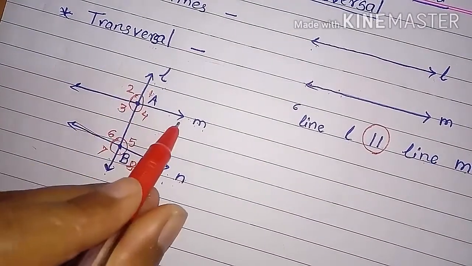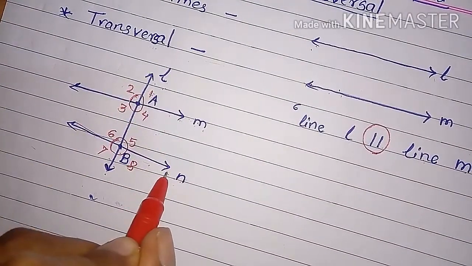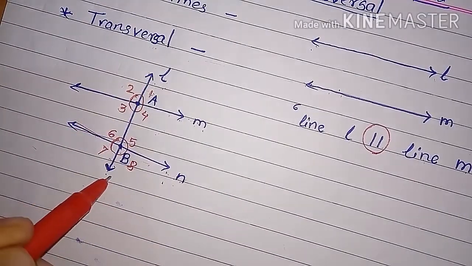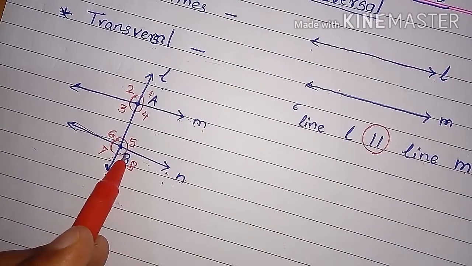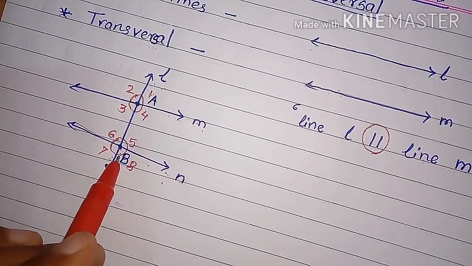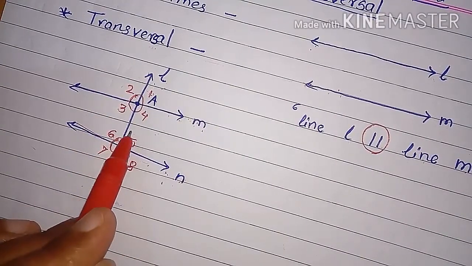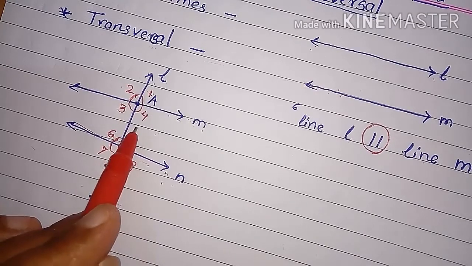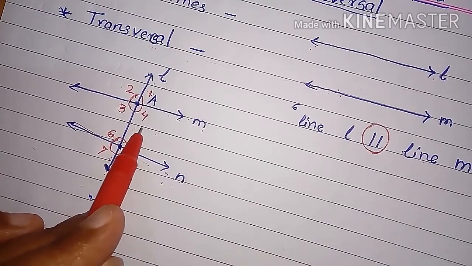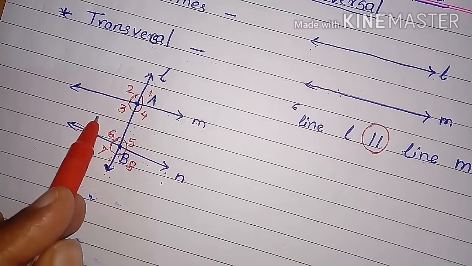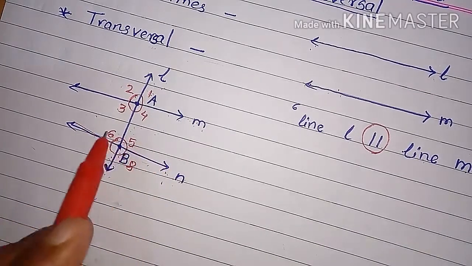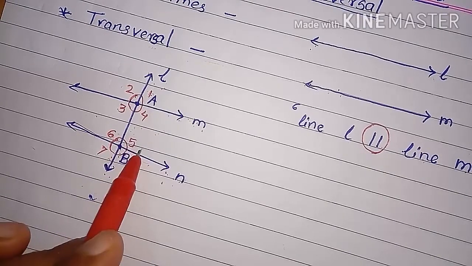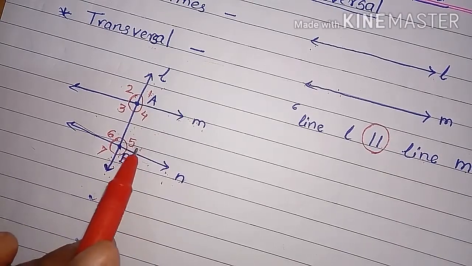So the two lines and one transversal make 8 angles. Each of these angles has one arm on the transversal and the other on one of the given lines. These angles are grouped in different pairs of angles.